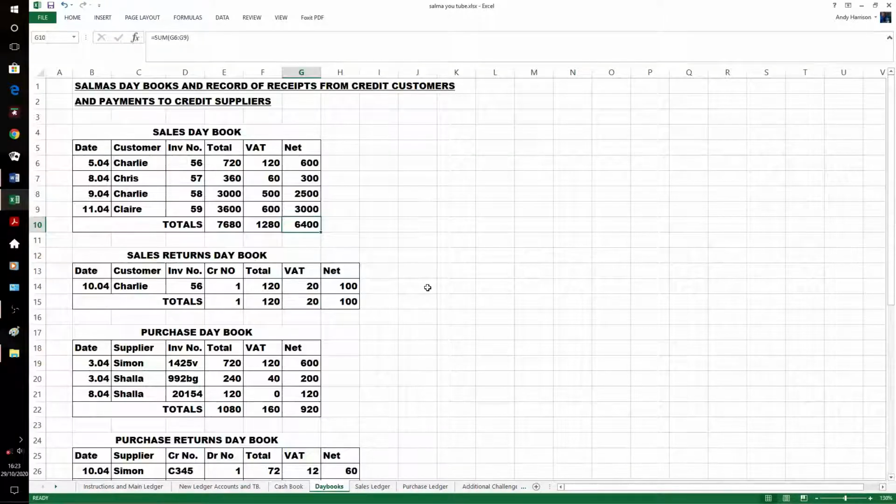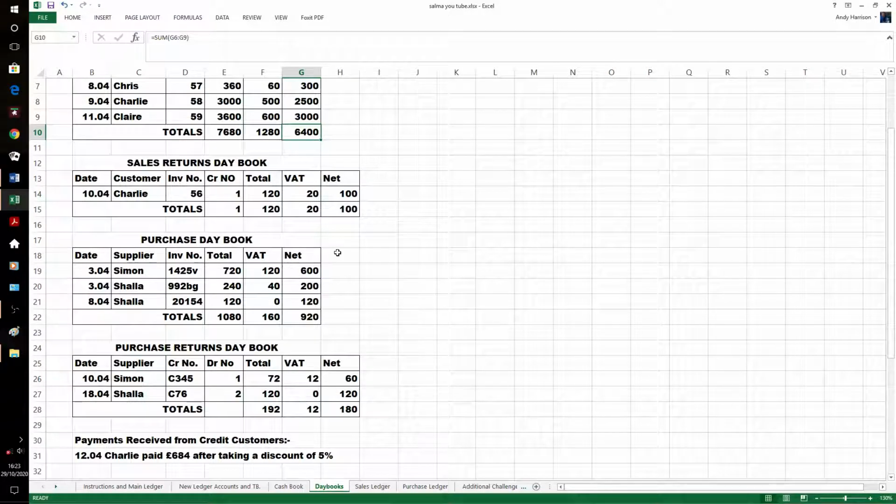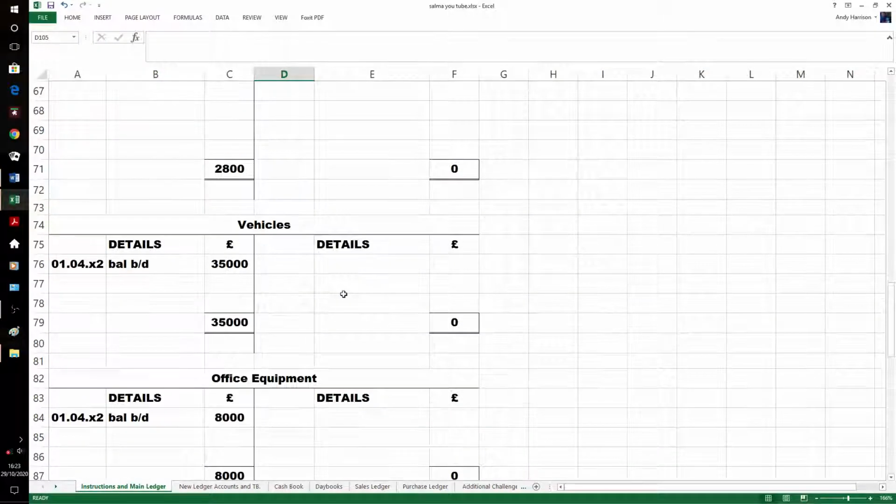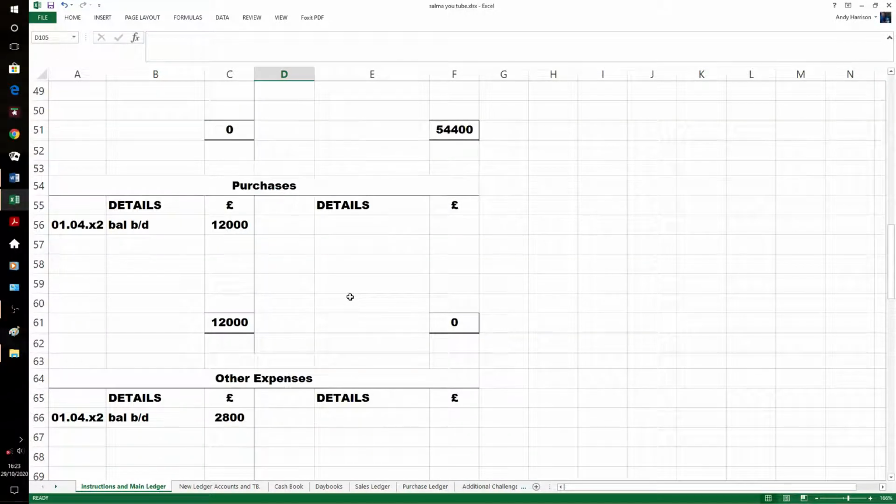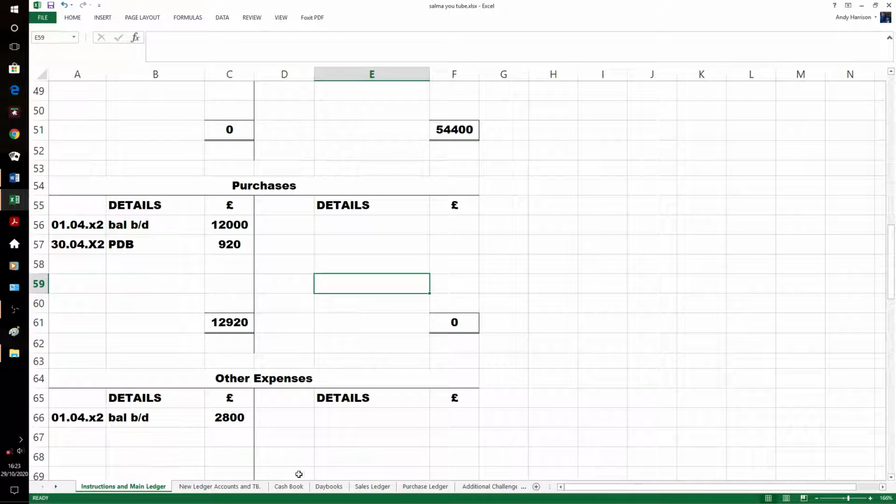Next day book then, so purchase day book. Purchases are debits, 920. Fairly routine, doesn't make any difference whether it's credit or the cash purchase that we did earlier. Purchase day book, 920.